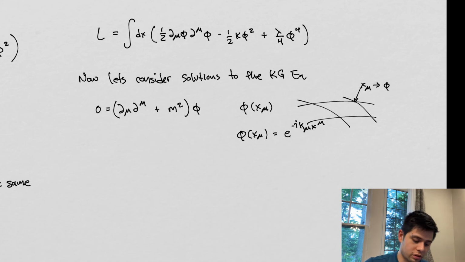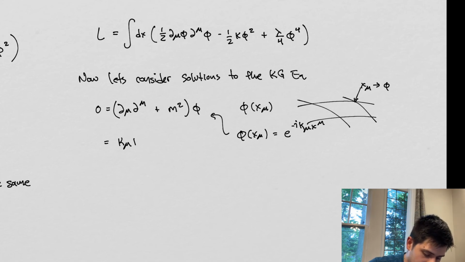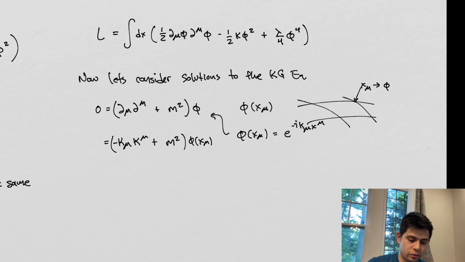The reason we're proposing this is that when we plug this in here and take the double derivative, we're really just getting this, because when we take the derivative once with respect to its argument, we get k, because this is the coefficient in front of the argument.